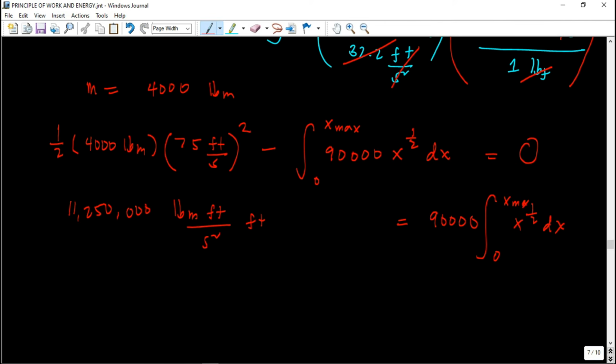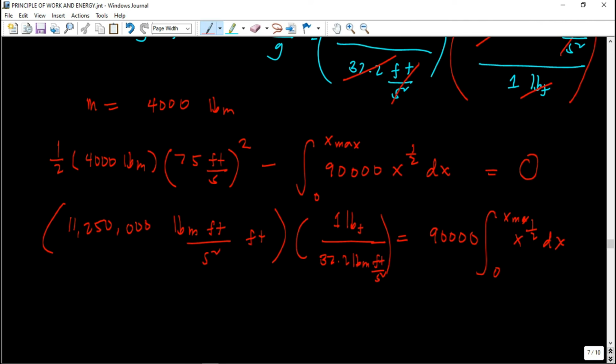So eto, convert natin to foot-pound force. So this becomes, ano yung conversion natin? So that is 1 pound force per 32.2 pound mass feet per second squared. So dapat lahat ng units natin are consistent. So remember that itong equation natin dito is in pound force.